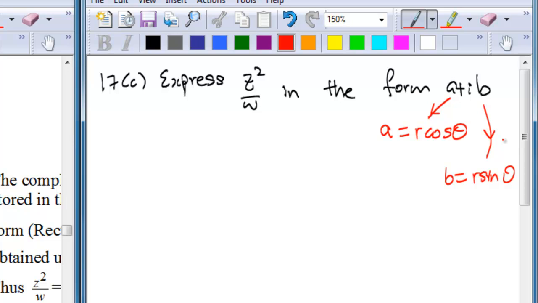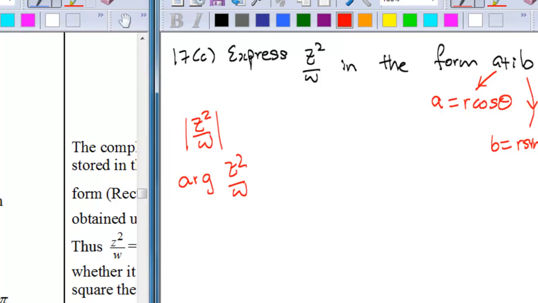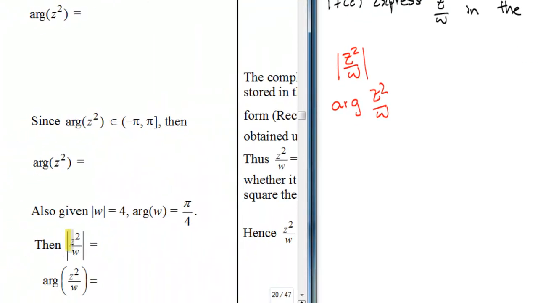Thus, we will need to calculate the modulus of z squared over w, and we also need the argument of z squared over w given over here. With this in mind, we know how we will start off with the problem.